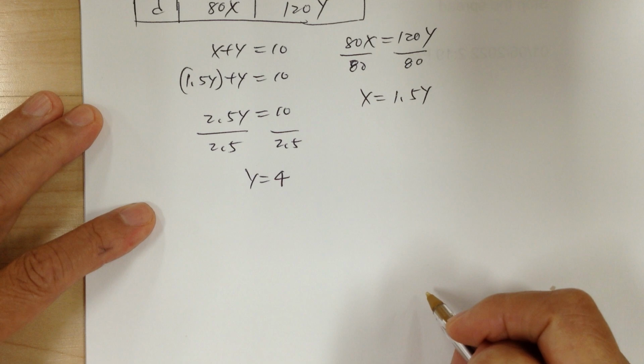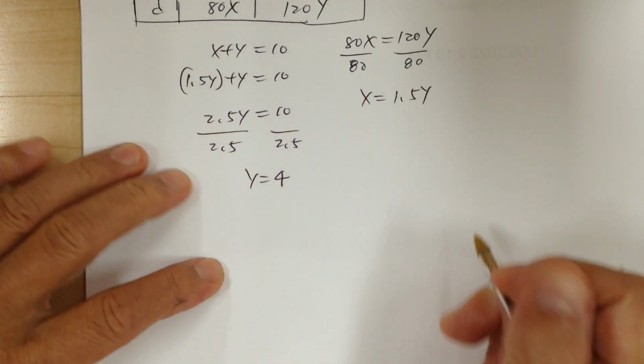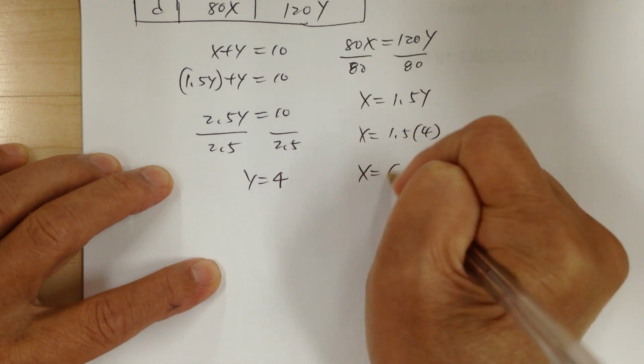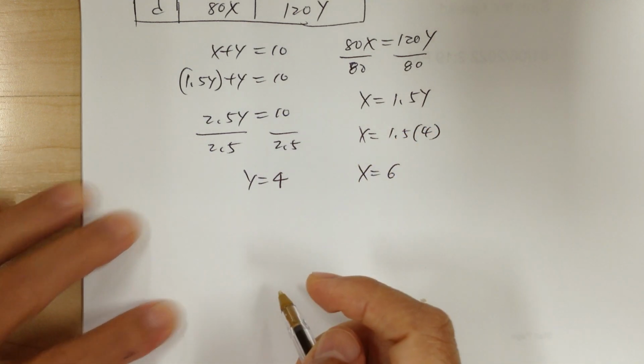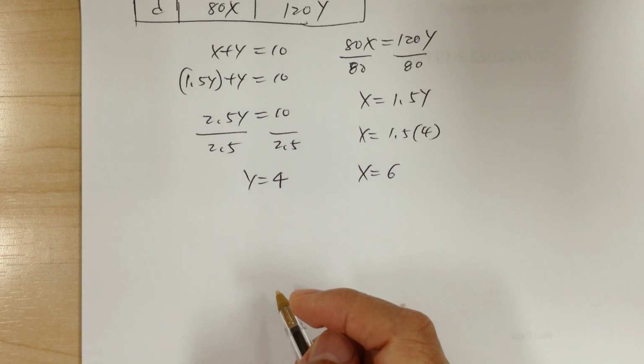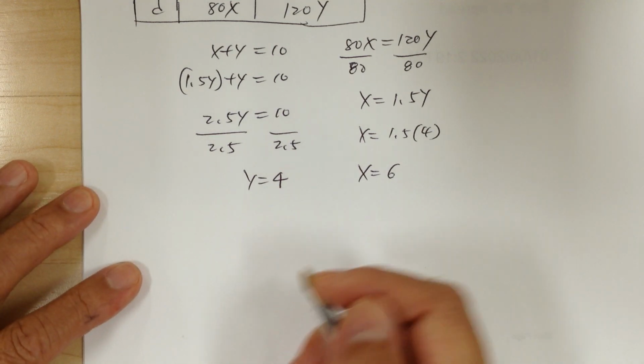Now, once you find y equals 4, you can find x. So x equals 1.5 times 4, so x equals 6. Now let's go back and answer the question. What are they asking? It says, how far is the distance? They're looking for the distance.